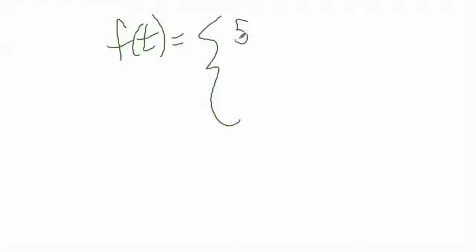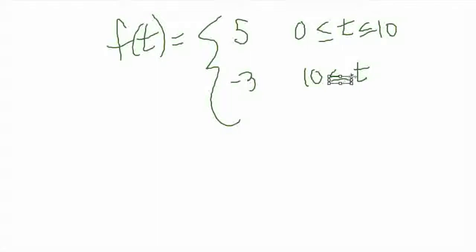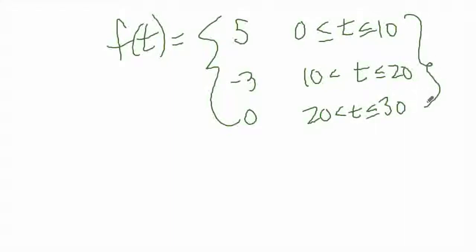What if it was 5 for t between 0 and 10, and then minus 3 for t bigger than 10 all the way to 20, and then maybe 0 for 20 to 30. That's perfectly fine. There's no reason it can't be a constant, and we know that a constant makes a horizontal line segment.